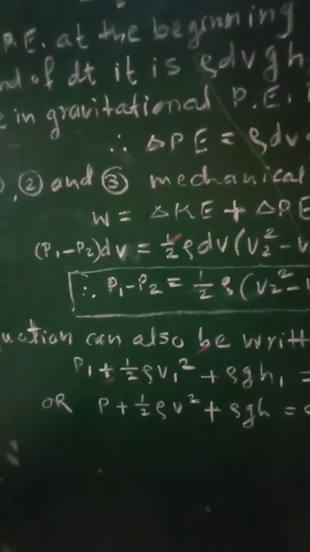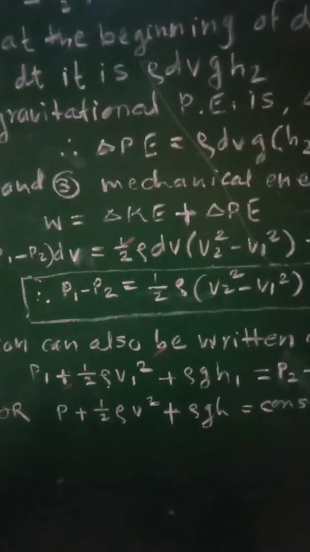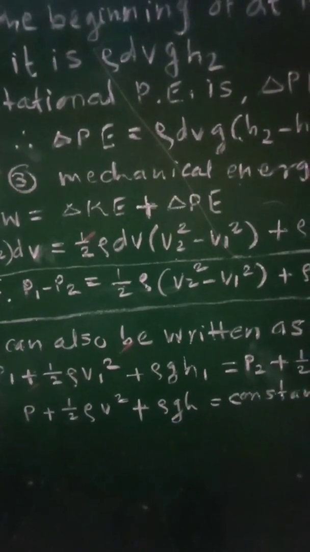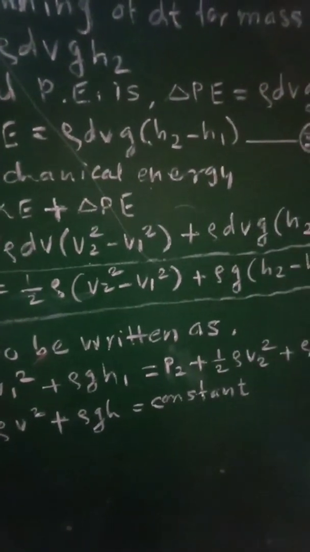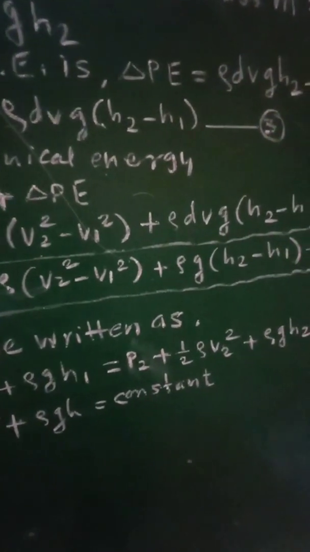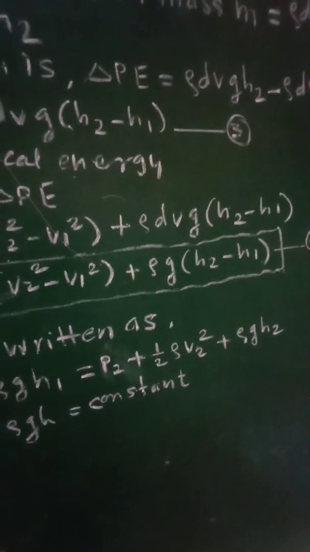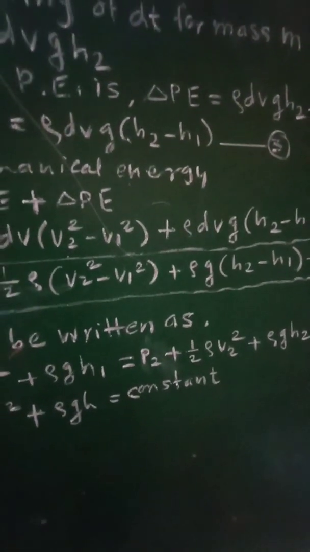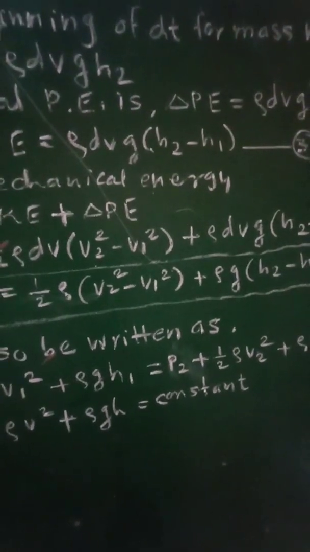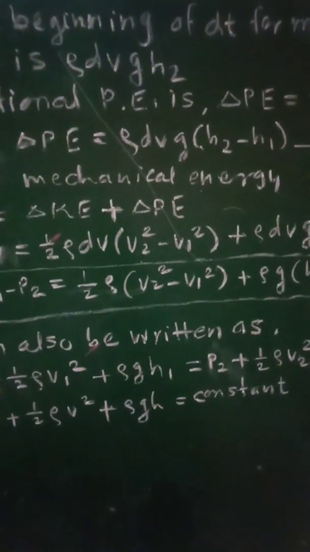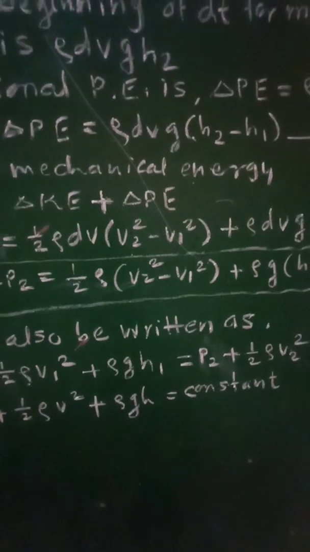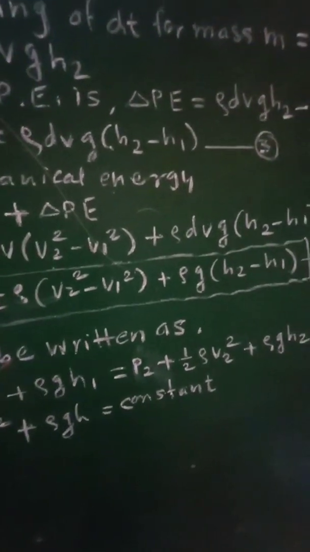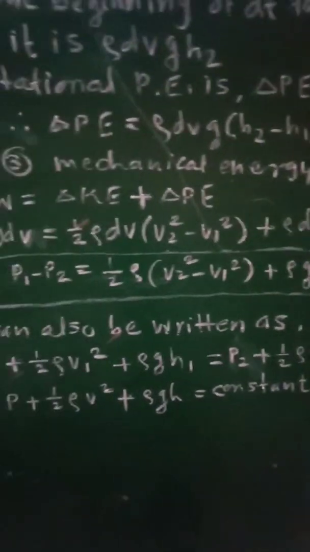Therefore P1 minus P2 into dV equals half rho dV into V2 square minus V1 square plus rho dV g into H2 minus H1.